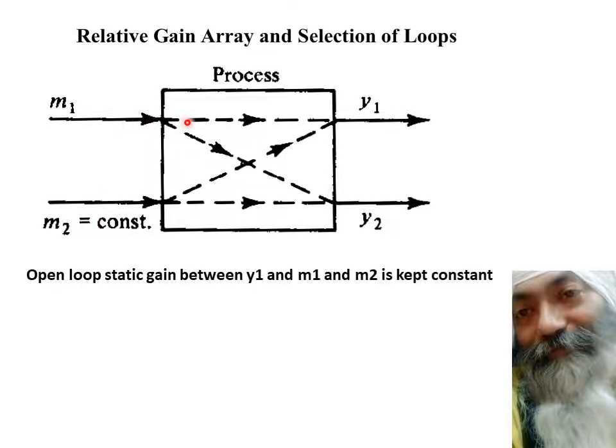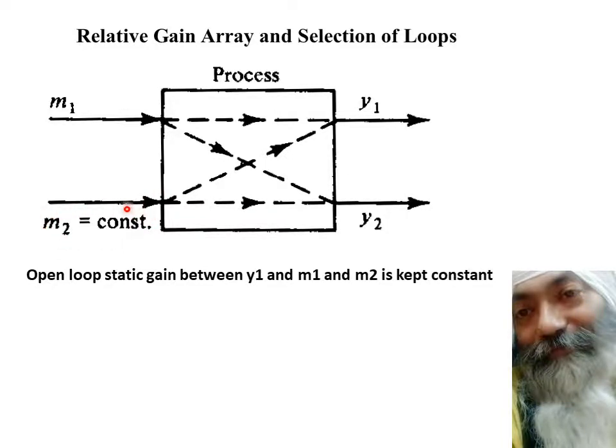This is the direct effect only. If you recall, we had one direct effect and then there was one indirect effect, which we will be discussing in case the second loop is closed. We will be coming to that, but right now the second loop is not closed.